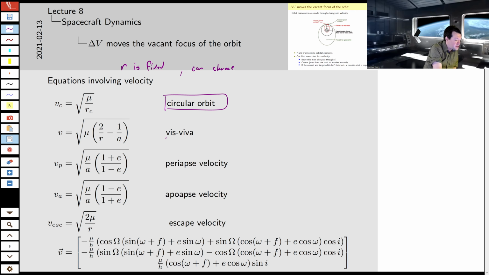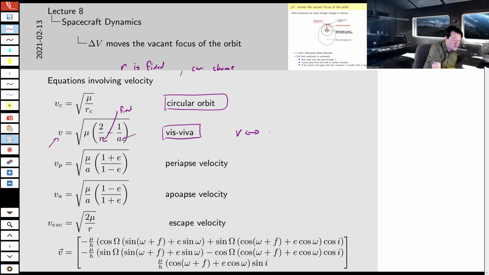The next common one that we run across most often is vis viva. And this one's a little bit more useful, because here we've got, remember, this is fixed. And so this indicates that for a fixed r, changing our magnitude of v will directly allow us to determine the semi-major axis.